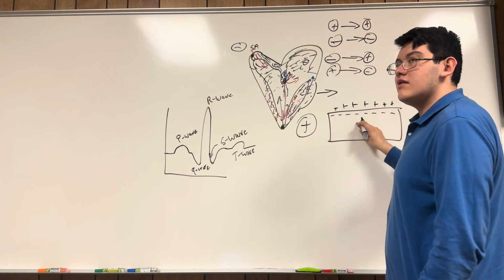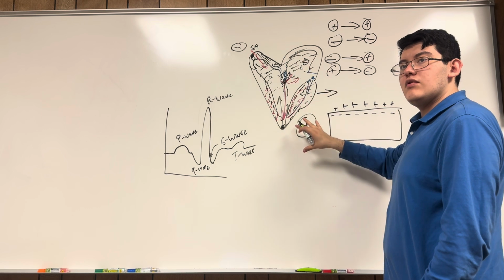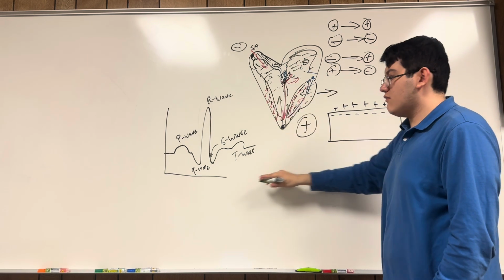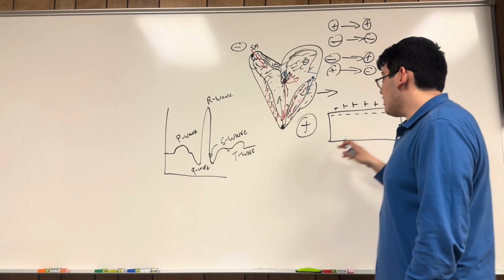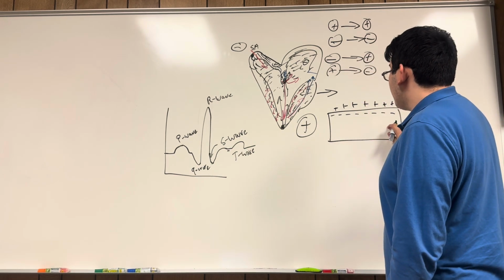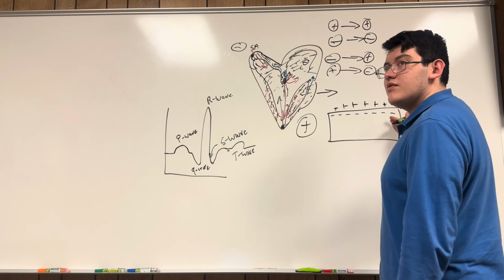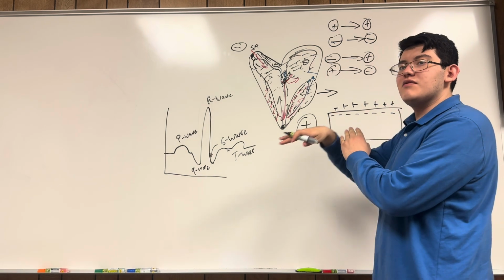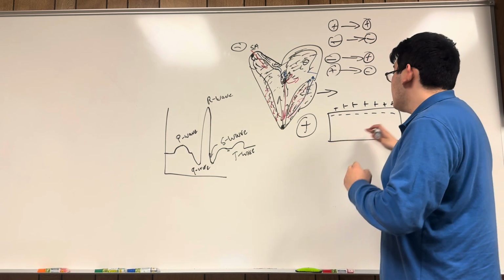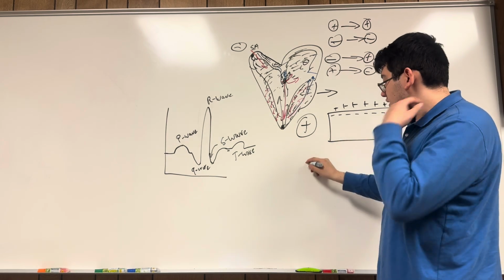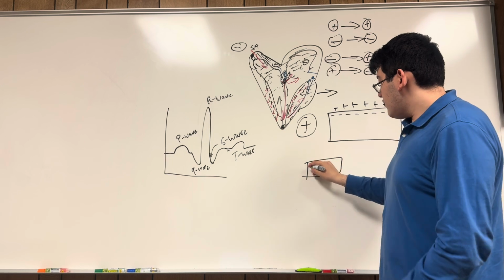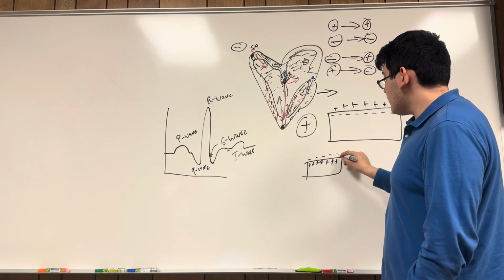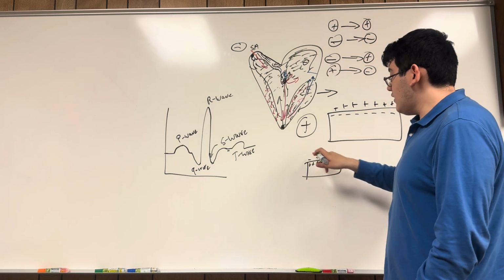When the cell is depolarized, the inside of the cell must be positive. So this is how the cell originally looks: positive inside and negative on the outside, at the end of depolarization, right before we start repolarizing.